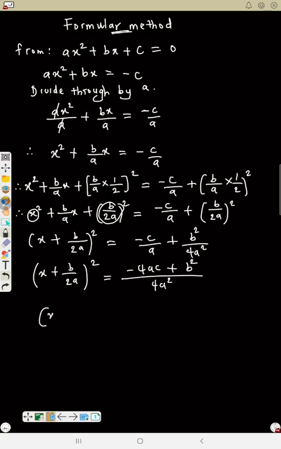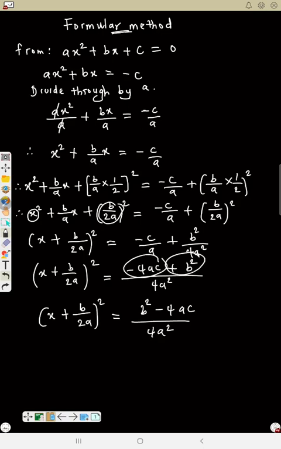Now this will be x plus b over 2a squared equals b squared minus 4ac divided by 4a squared, meaning I can write b squared first then minus 4ac. Just rearrange.